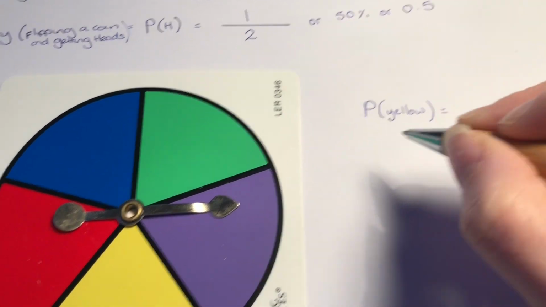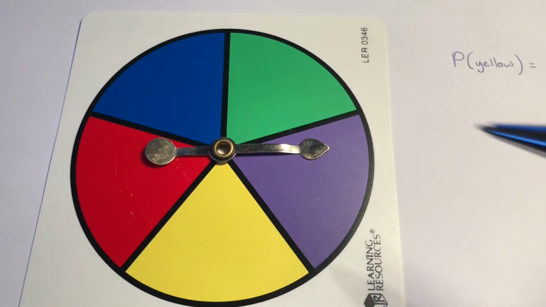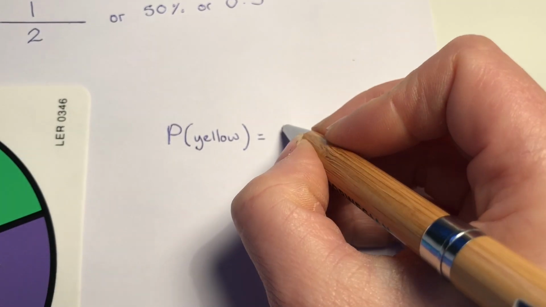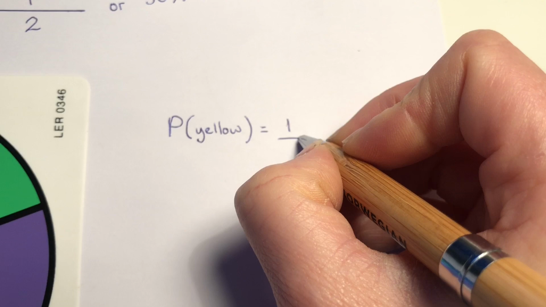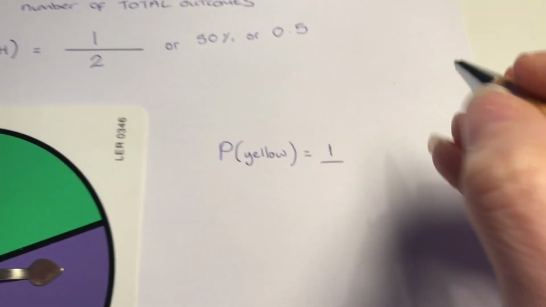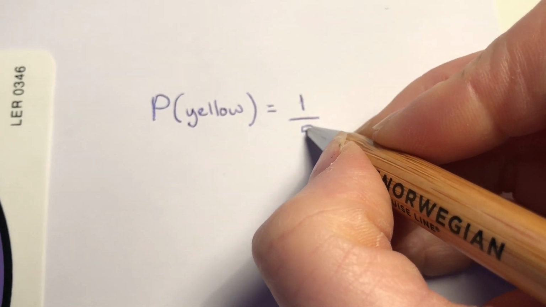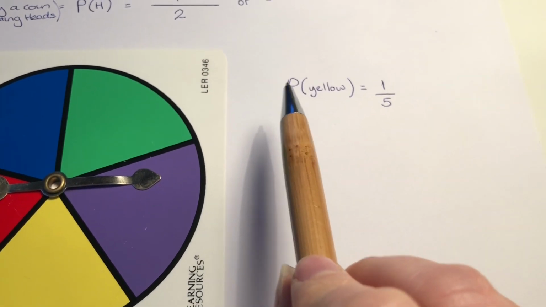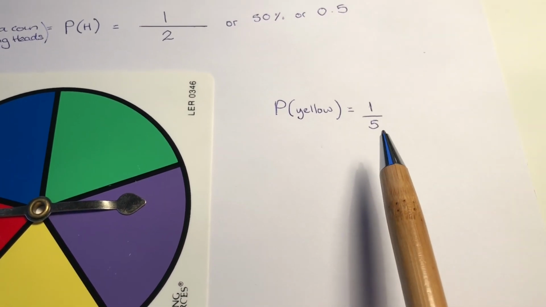That's my desired outcome, what I'm interested in working the probability of getting a yellow. Well, there is just one yellow. And then out of how many outcomes are there in total? And we said that there are five sectors. So my probability of getting a yellow is 1/5.